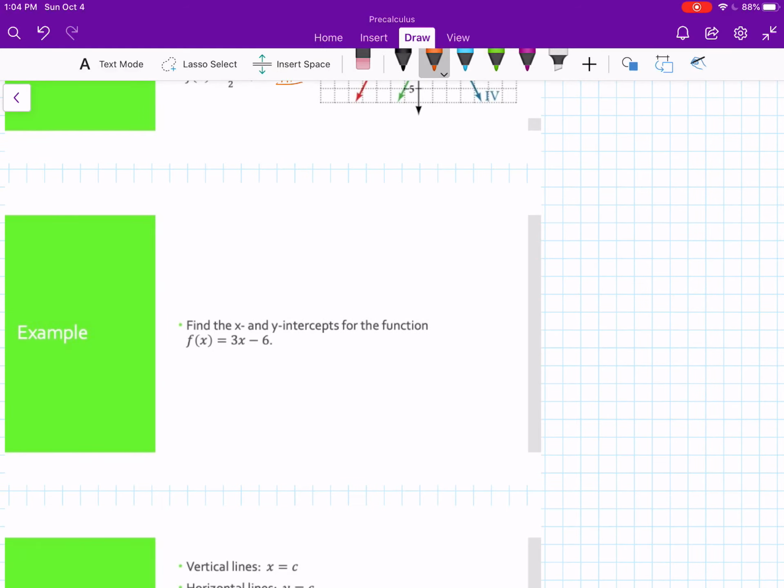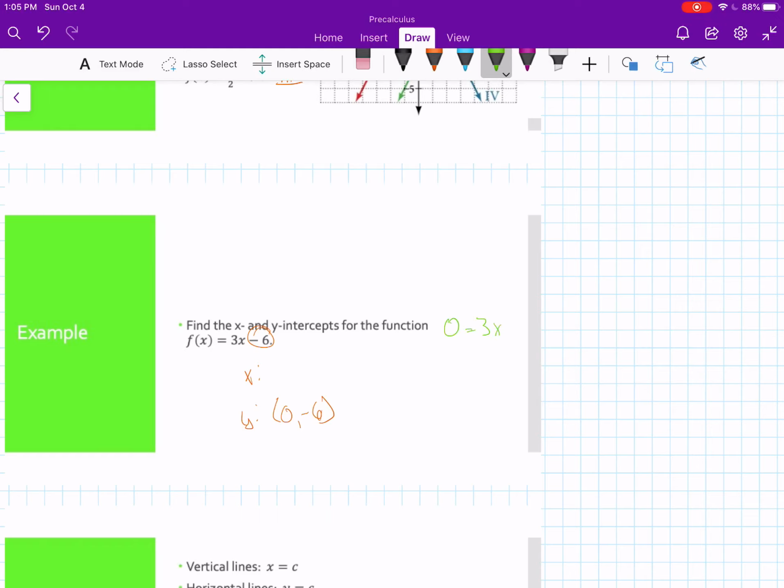Find the x and y intercepts for the function. Our y-intercept is pretty easy to find here. It's at 0, negative 6, because we can just look at it in slope-intercept form. To find the x-intercept, remember an x-intercept is where y is 0, so we're going to plug in 0 for f of x.